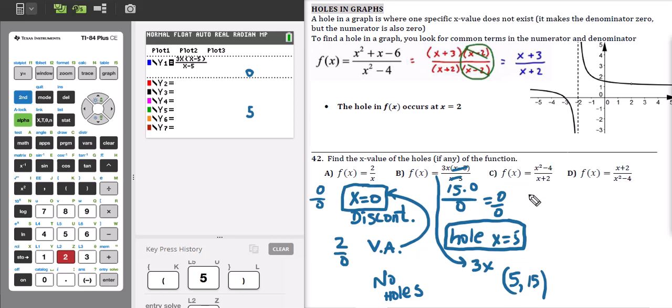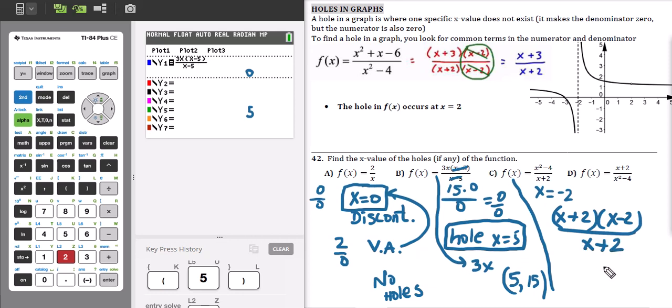Okay, but let's take a look at one more so you kind of see what's going on here. This one has a discontinuity at x equals negative 2. And now you have to see, is it a hole or is it a vertical asymptote right here? Well, if we take the top and we factor it to x plus 2, x minus 2, and the bottom is x plus 2, we can take these x plus 2's, reduce this out, and we're left with this function right here.